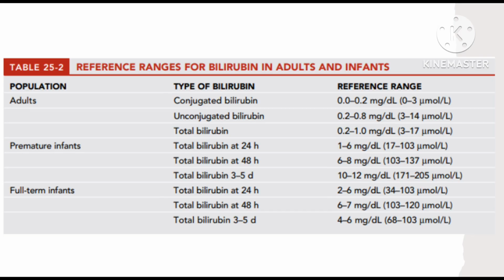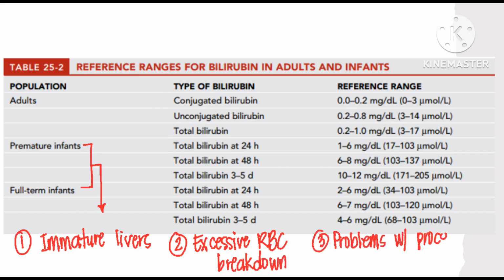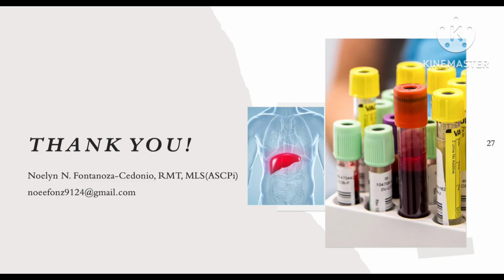It can be due to their immature livers, or their livers are not fully developed yet. It can also be excessive breakdown of red blood cells in their system, or there could be problems with the elimination as well as the processing of bilirubin in their immature bodies. So please don't forget all of these facts regarding why infants in general have a higher bilirubin reference range compared to adults.